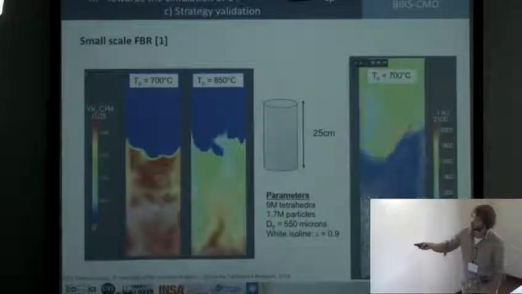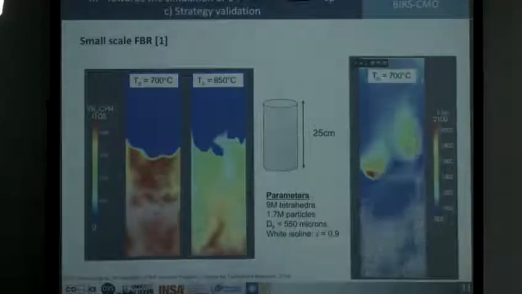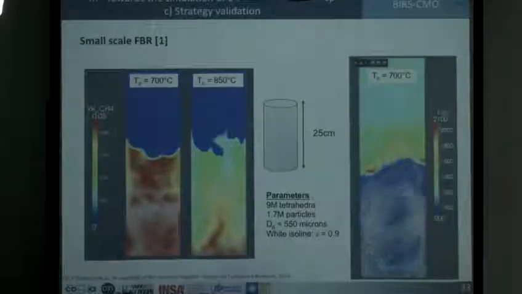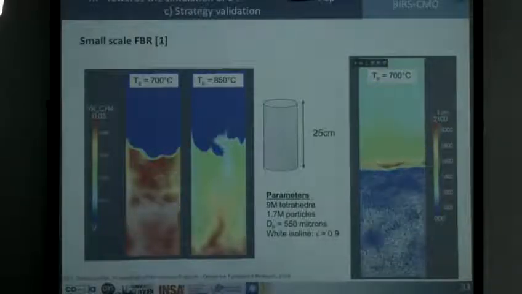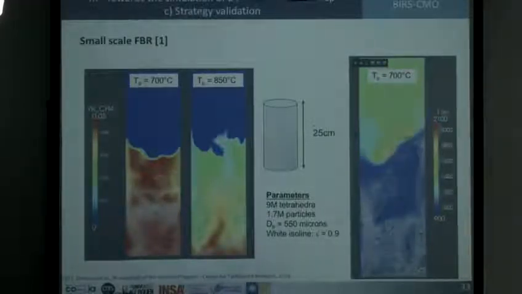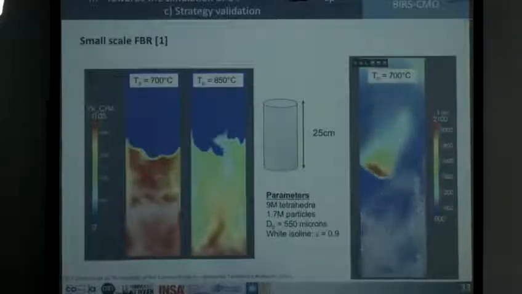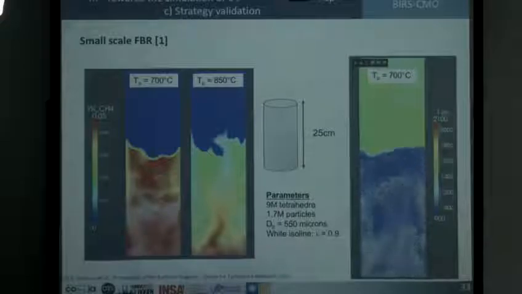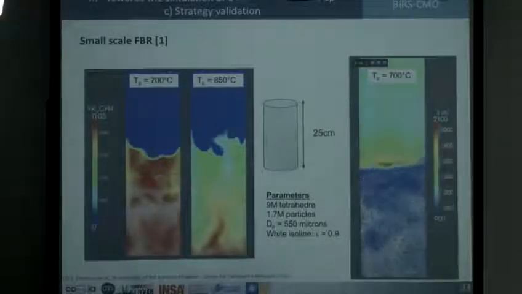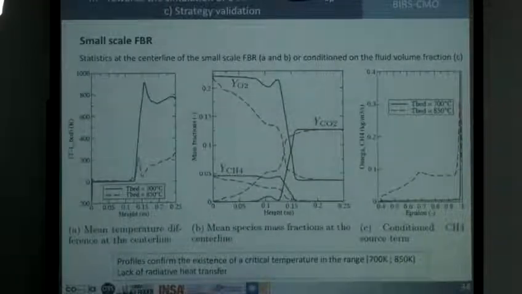And this is confirmed in this video that was taken for the case at 700 degrees, where you can see clearly that a flame front is propagating above the fluidized bed without entering it at all. So that confirmed qualitatively the existence of the critical bed temperature we want to find. These are only preliminary and qualitative results because we have no experimental values on this smaller case.